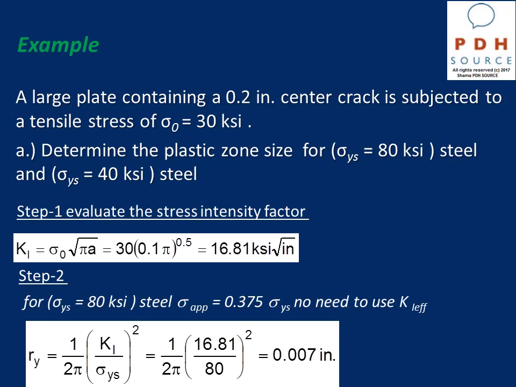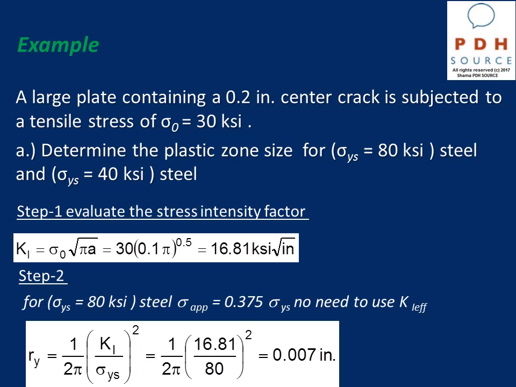Since we have a larger plate, we are going to use this equation. And since we have a center crack, a here is going to be equal to half of the length of the crack. So we plug the numbers here, and we get 16.81 ksi multiplied by square root of inch.